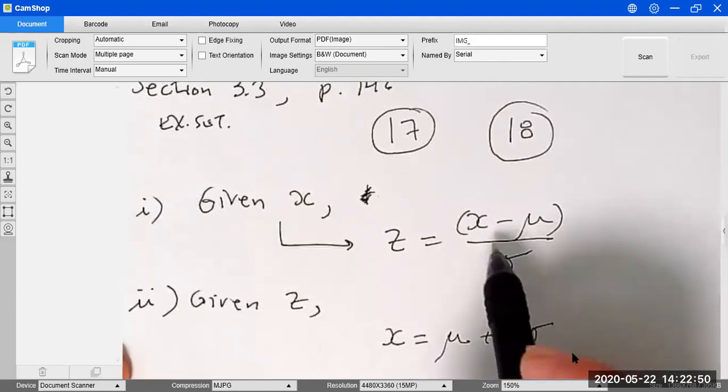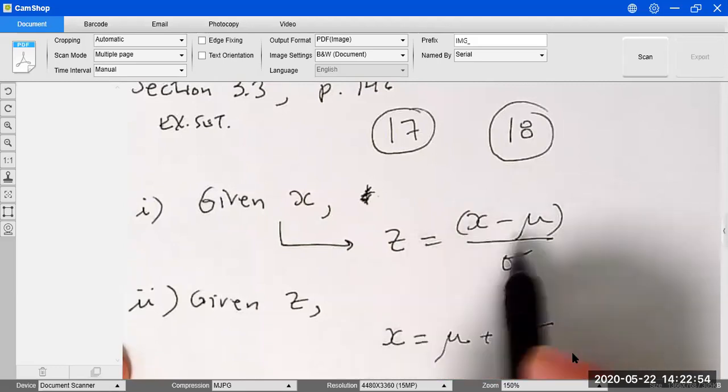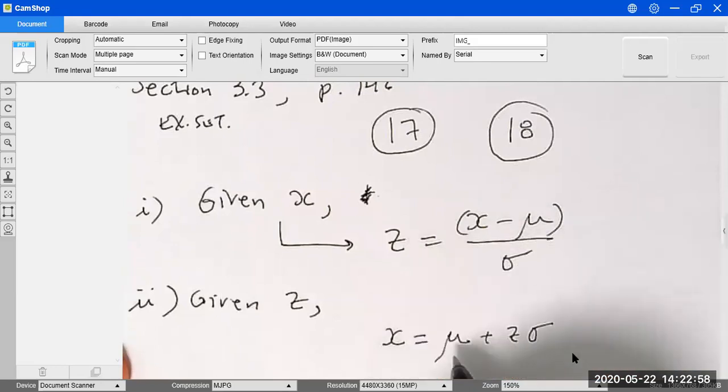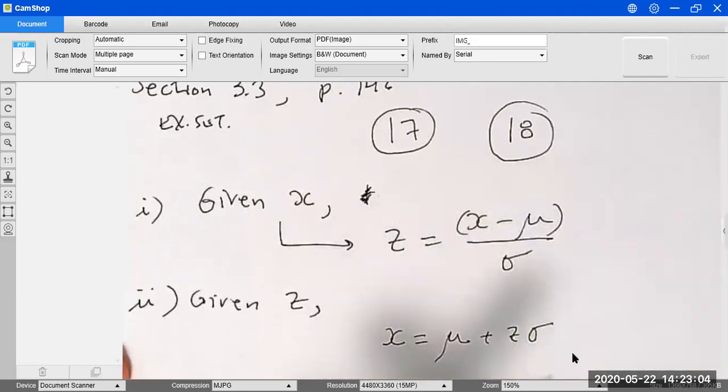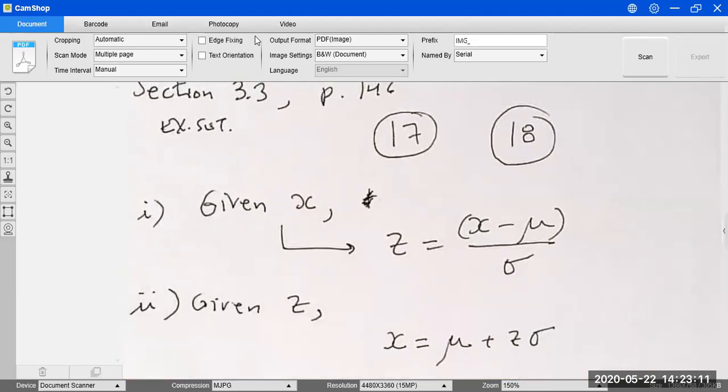So you just solve for x here. You need to multiply by sigma both sides of the equation, and then you're going to move this to the left hand side. So you're going to get mu plus z sigma. So these are the two possible cases that you're going to have in these two problems. So work on this, and then we're going to return to continue with the next part of the section.